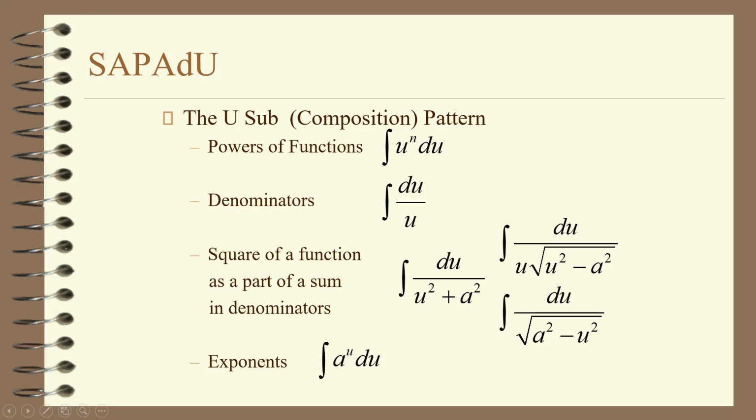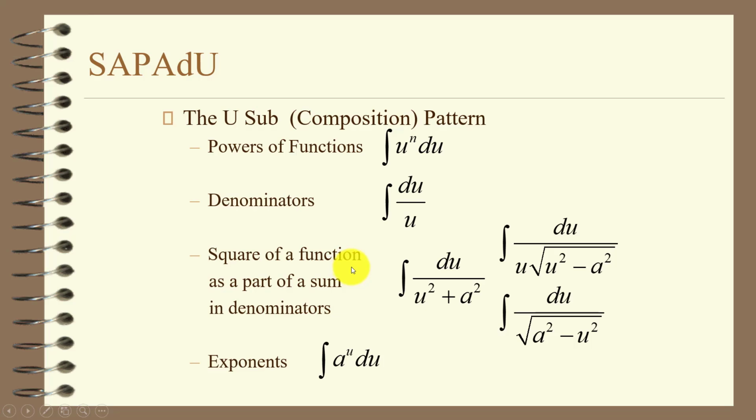Now in the SAPDO method, the P stands for patterns. There are general patterns that when you see them in an integrand, you use a certain technique. So if you have, for example, a function raised to a power, you make u be the function being raised to a power, and you're hoping to get this kind of integral. On the other hand, if you see a fraction, you might want to try u being the denominator or a factor of that denominator, because you might get lucky and get this kind of integral.